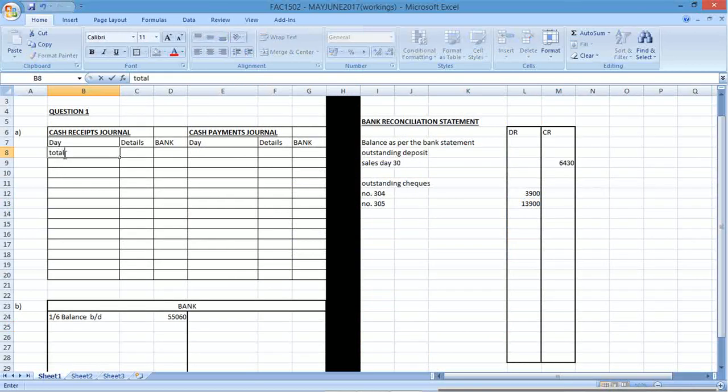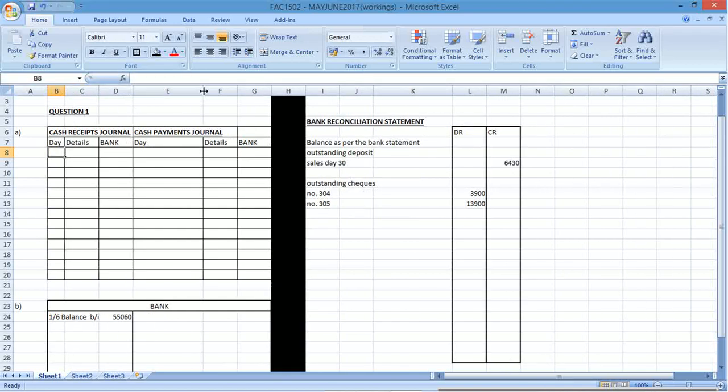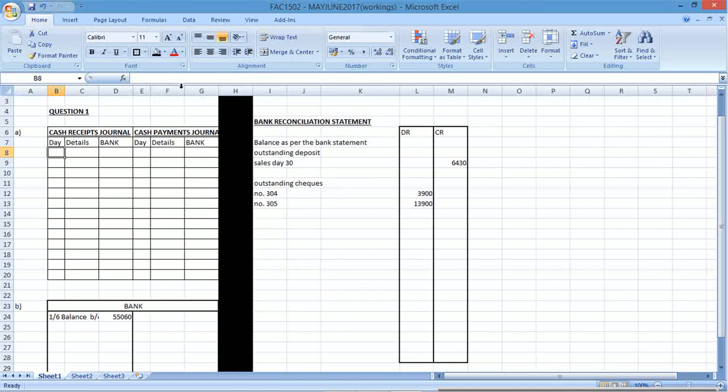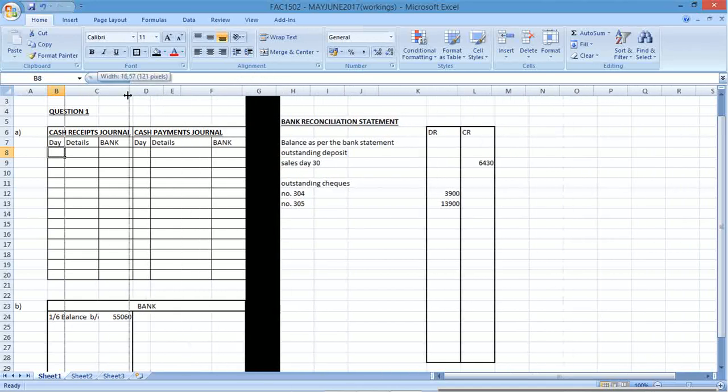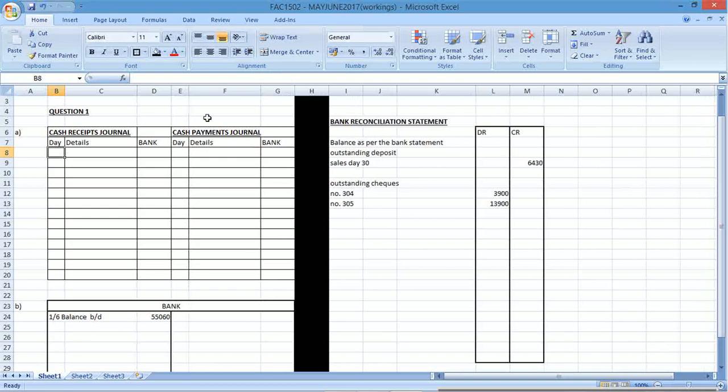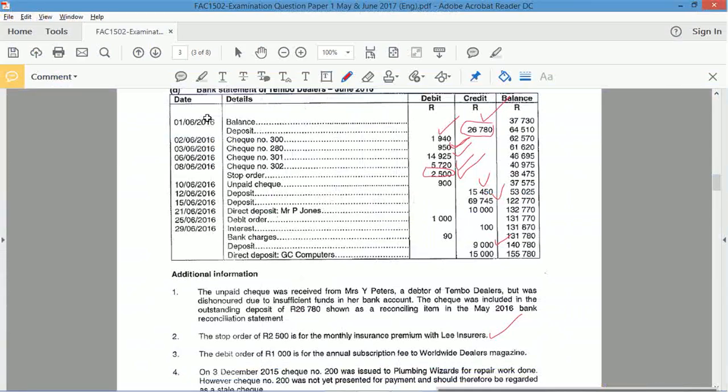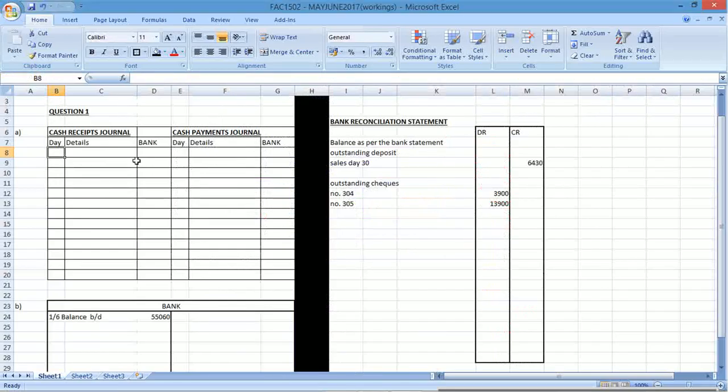We're going to start with something here. So we need totals there. Actually, this column should be smaller. This column should be bigger. What is this for? Insurance, Lee Insurers, payments. So we're going to start with totals. Total.